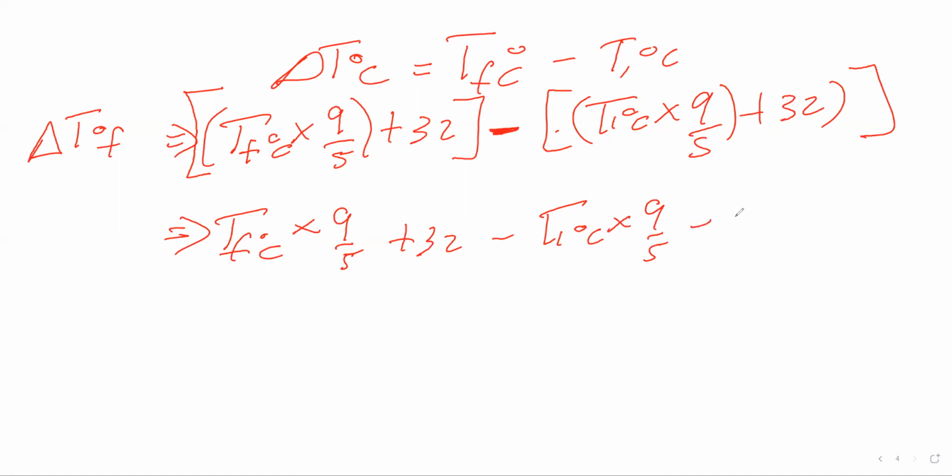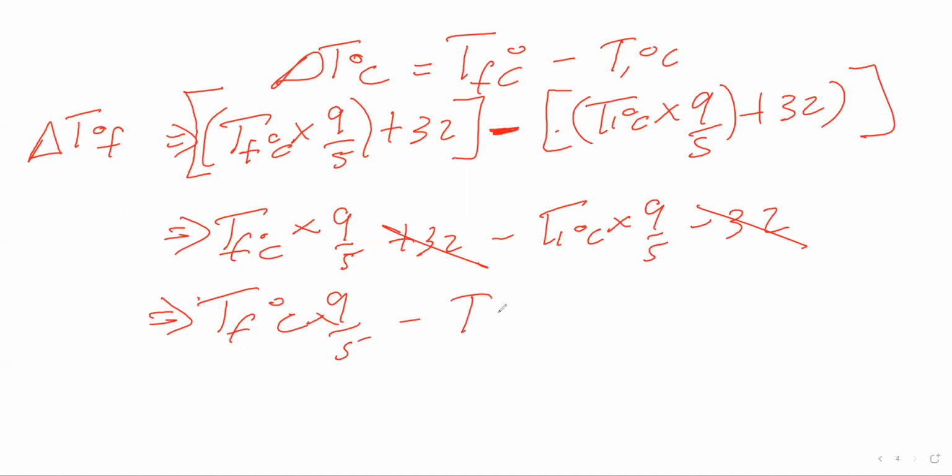The 32 and 32 go out. I could group these two, so I have T final degrees Celsius times 9/5 minus T initial degrees Celsius times 9/5.